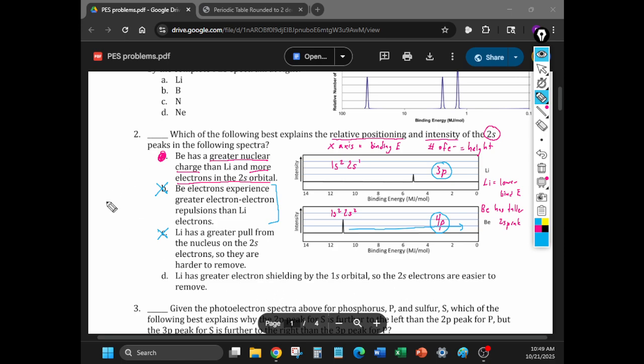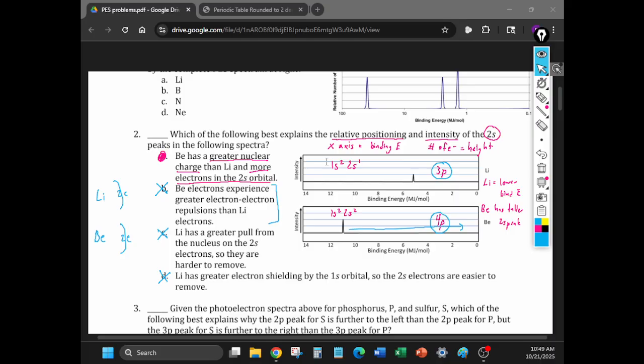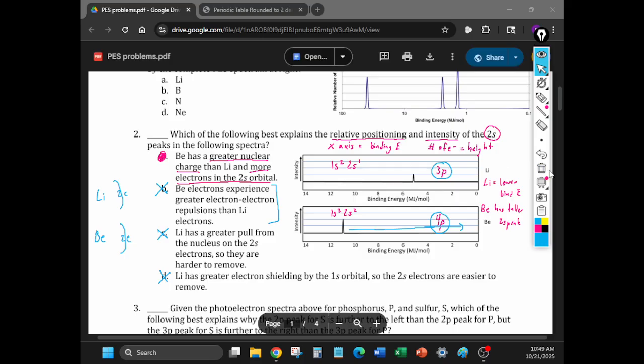This isn't true because both lithium and beryllium have a 1s shell, and they both have 2 electrons in each of them, so they should have the same amount of shielding. So that is incorrect. So A is the correct answer. Okay. So you guys can kind of see how PES is pretty easy to interpret, but especially with multiple choice, there are a lot more options, so it gets kind of tricky as you think about it.